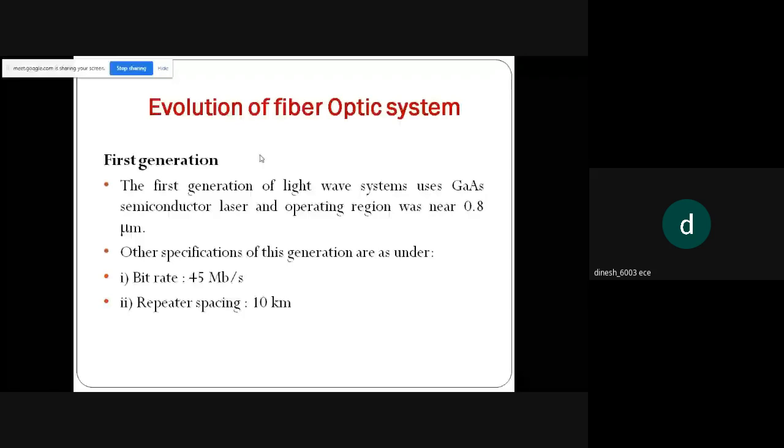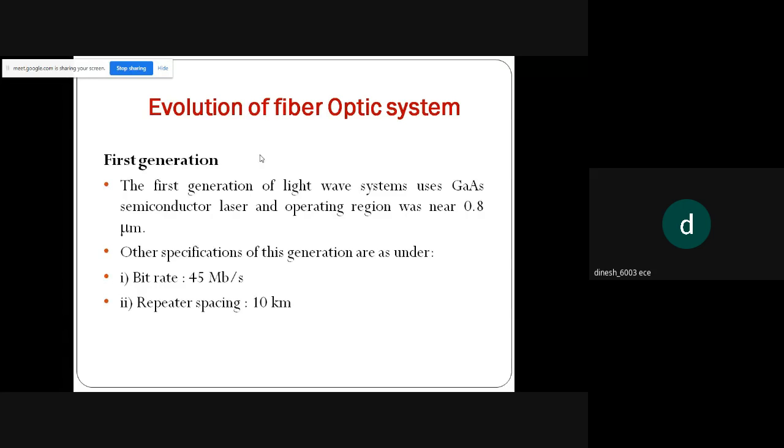So laser is a type of optical source, which we'll discuss in depth in unit number 3, how it works. For the time being, what was used in the first generation? The first generation of lightwave optical communication systems used gallium arsenide semiconductors operating at 0.8 micrometer.